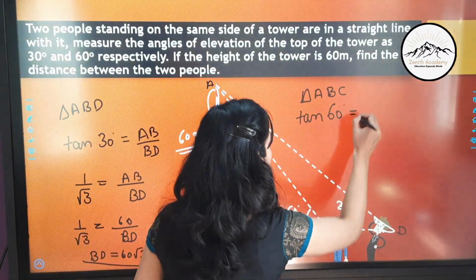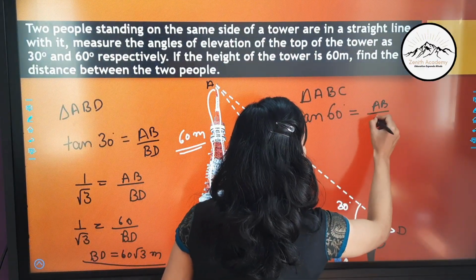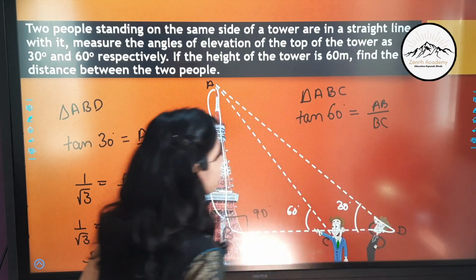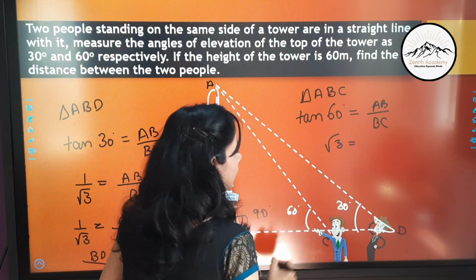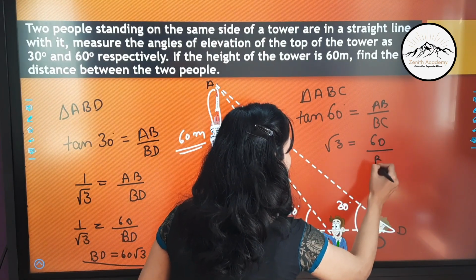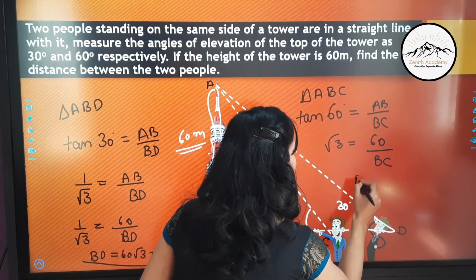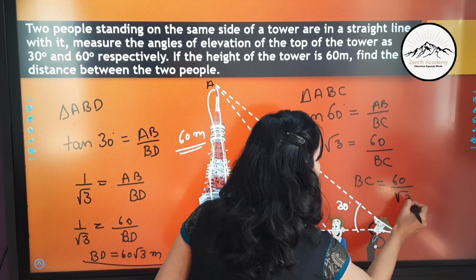So tan 60 degrees is equal to AB upon BC. Tan 60 degrees is equal to root 3. AB is given to us as 60, so we can find out BC now. BC will be equal to 60 upon root 3.